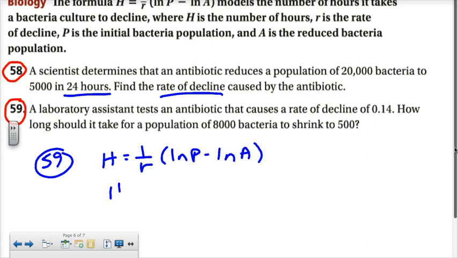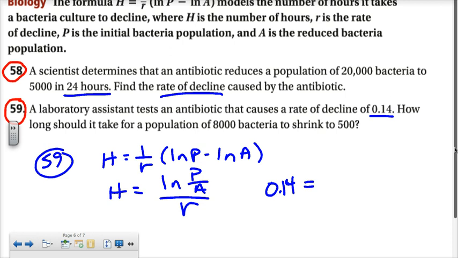And we realize, okay, what's really happening here is we're going to take the natural log of p divided by a, and then I can just divide that by r, because that's what multiplying by 1 over r does. So then we figure out what information do we have in 59. And in 59 it says the rate of decline was 0.14. So that is our h value.